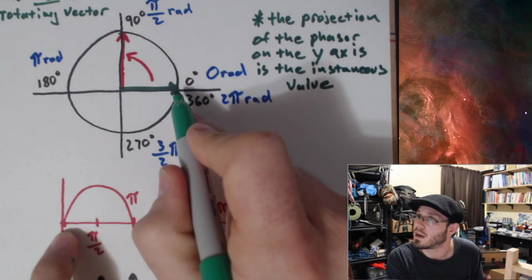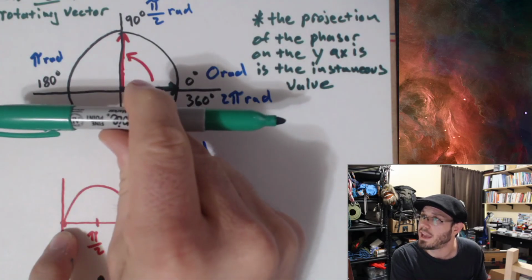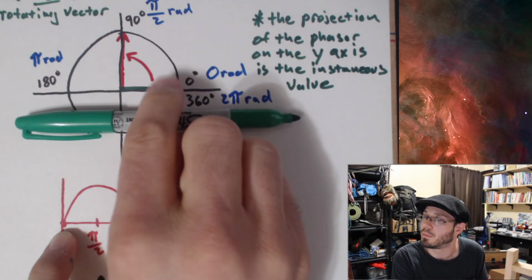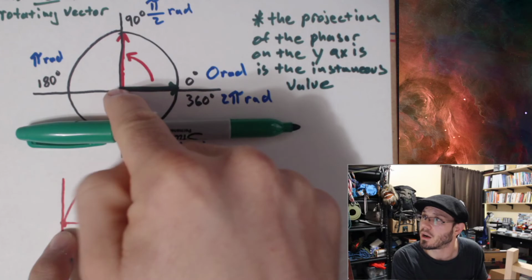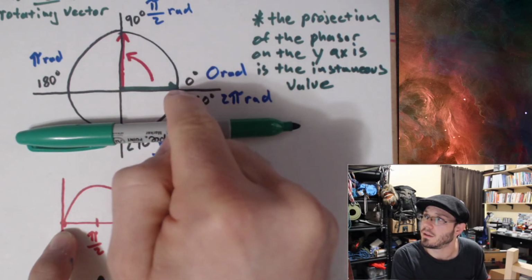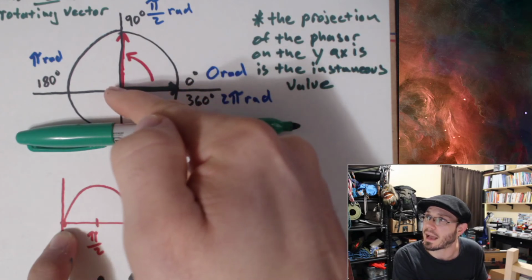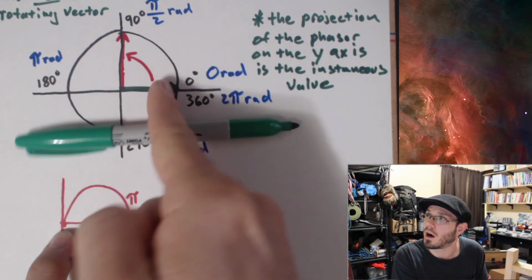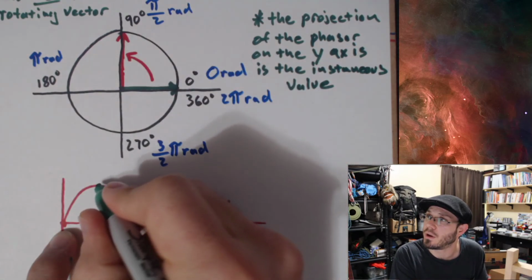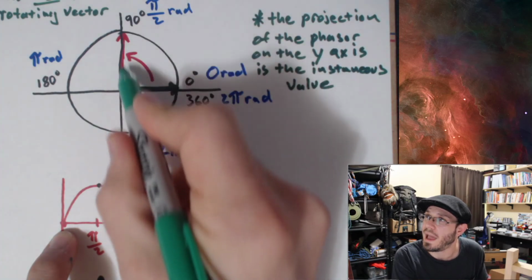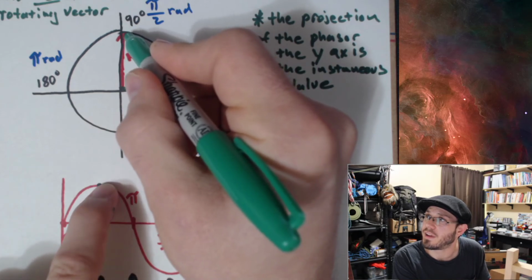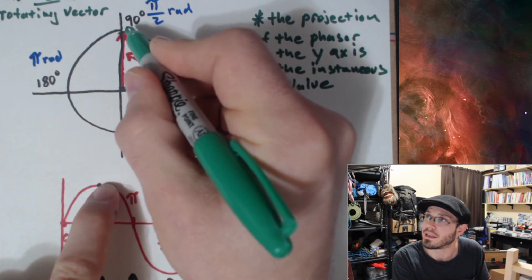So if you look over here, when our phasor is at 0 degrees or 0 radians, the projection on the y-axis is 0. Just looking at this axis here and looking at the projection on that axis. Now, when our phasor rotates to its peak value up here, denoted by this red phasor, notice that now the instantaneous value is at its max point over here.